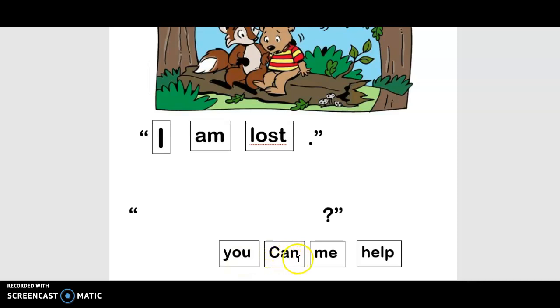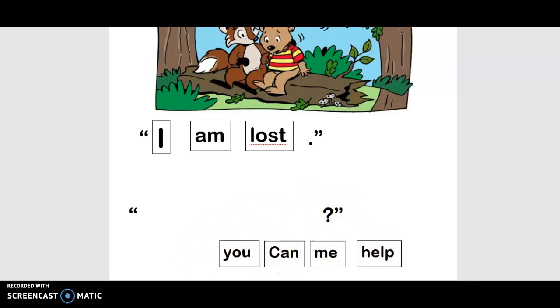C-A-N, can. M-E, me. H-E-L-P, help. So we have you, can, me, help. So now he's asking a question, right? So I see a question mark here, which tells me that he's asking a question. He's asking for help, right?